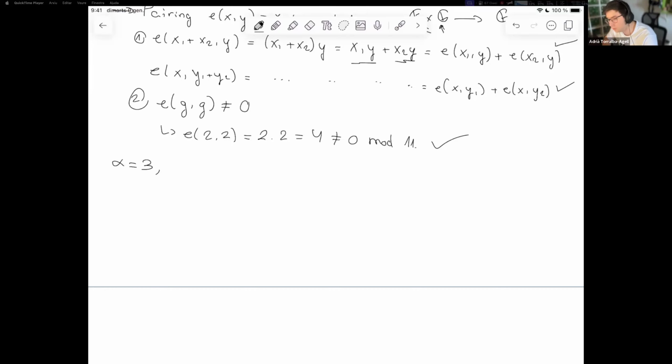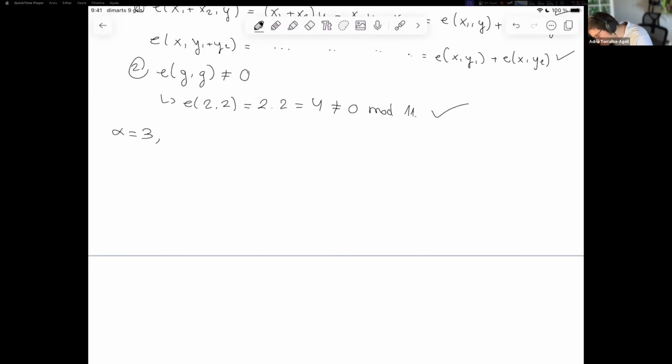So now the trusted party here needs to compute the public parameters, which I will write for you. P is G, alpha G, alpha squared G. Why alpha and alpha squared?